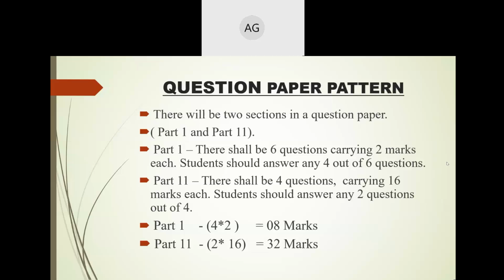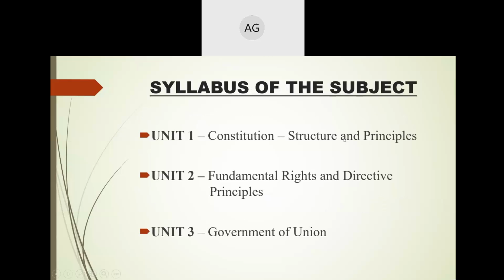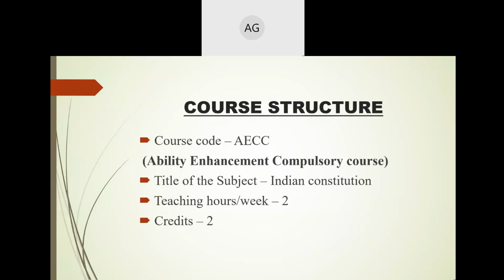In our next classes, we will begin with the first unit, which speaks about the Constitution. In today's class, we spoke about the course structure and the credits prescribed by the university.